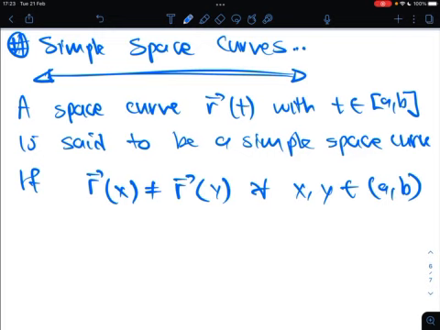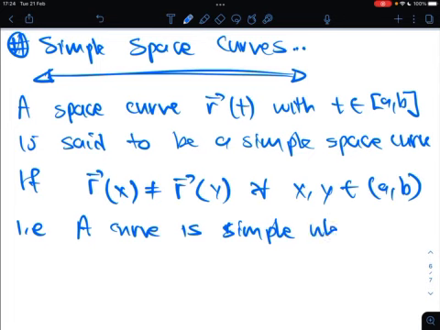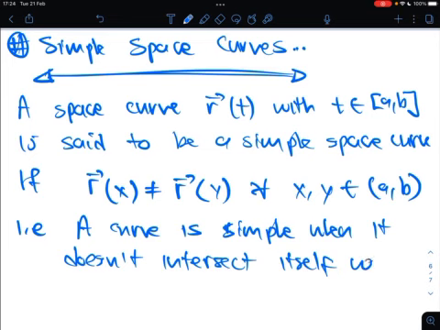You see, that's what we mean when we say a curve is simple. But what does all this mean? It simply means, i.e., a curve is simple when it doesn't intersect itself within the given interval.